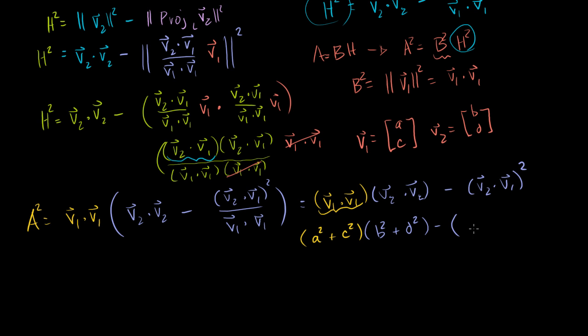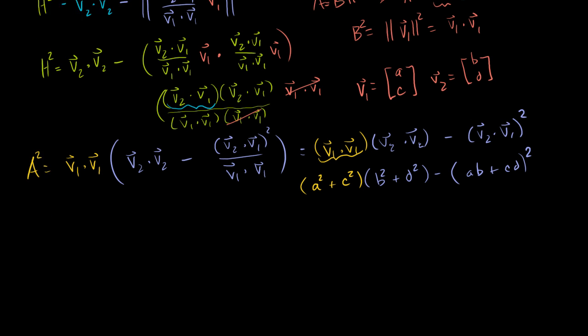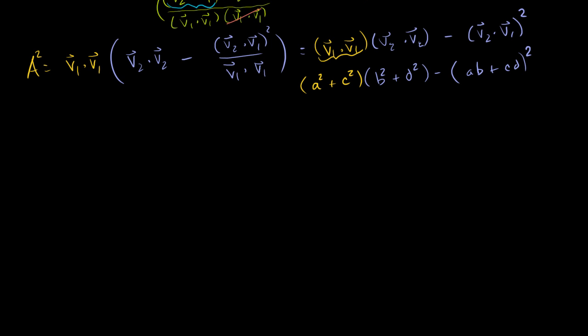So what's v2 dot v1? Well, it's b times a plus d times c, or a times b plus, we're just dotting these two guys. So it's ab plus cd, and then we're squaring it. Let's see what this simplifies to. Hopefully it simplifies to something.